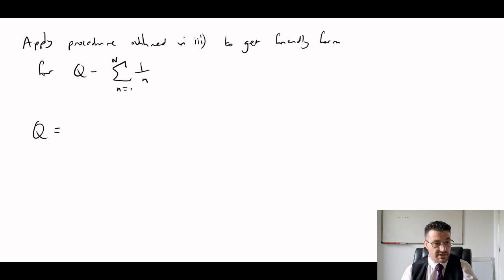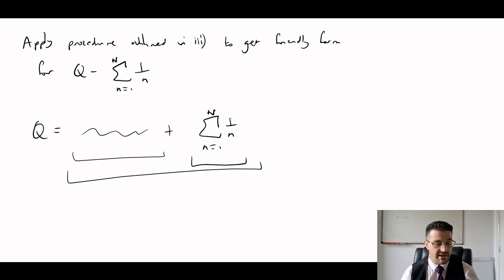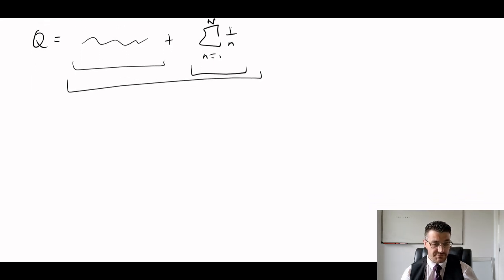And therefore q is going to be equal to this new friendly form, plus the sum from n equals 1 to n of 1 over n, which is a friendly form. This is a friendly form, this is a friendly form, and because there are no reciprocals that occur more than once, then the whole thing is a friendly form. Again, I'm giving the outline idea here rather than writing everything out. I'll leave it up to you to write out your own solution to this.